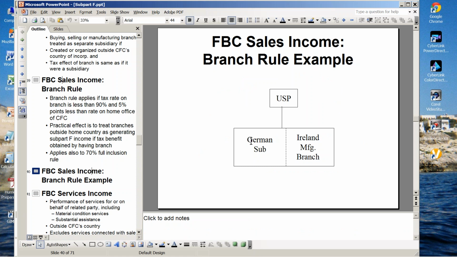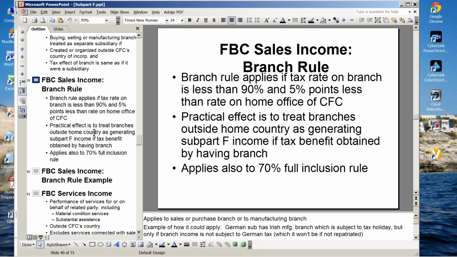And we have a related party transaction there as a result of this sale from Ireland to Germany. Even though that may not be a sale for the local law, and it's certainly not a sale for U.S. law, it's deemed to be a sale under the Subpart F rules. So if we have this branch rule applying, we may find we have a lot more Subpart F income than we thought we did.